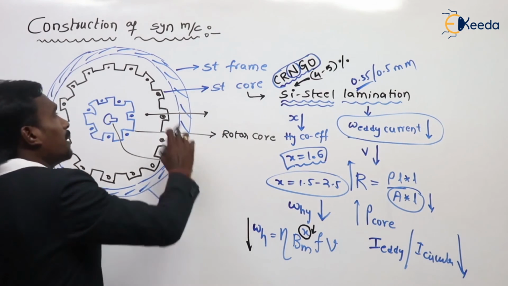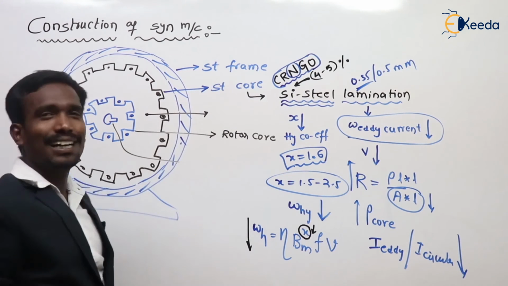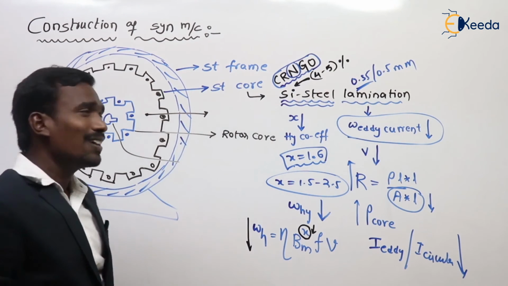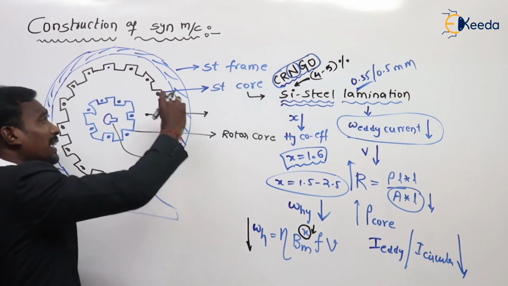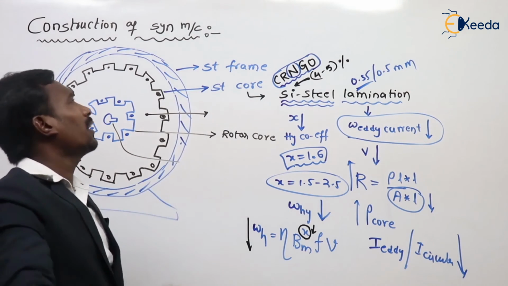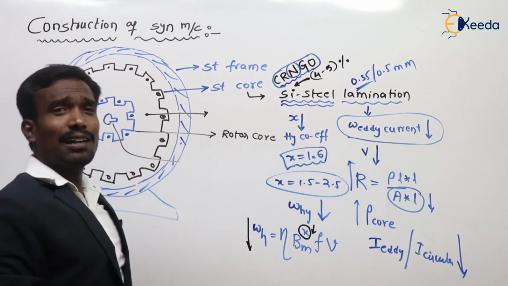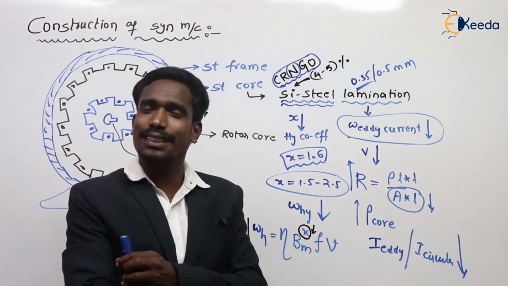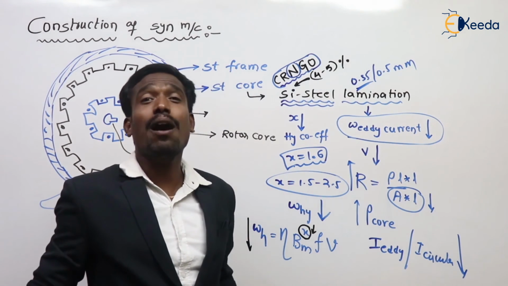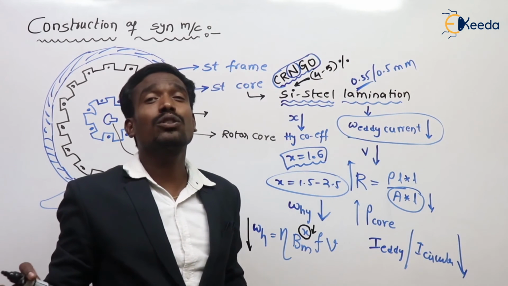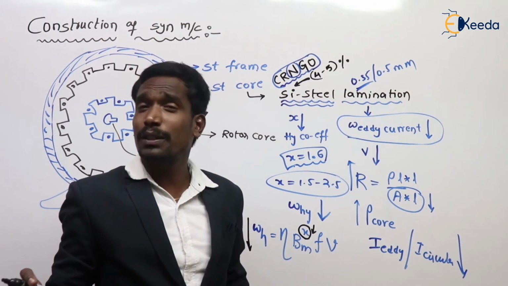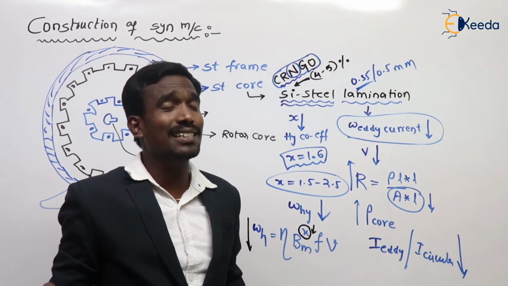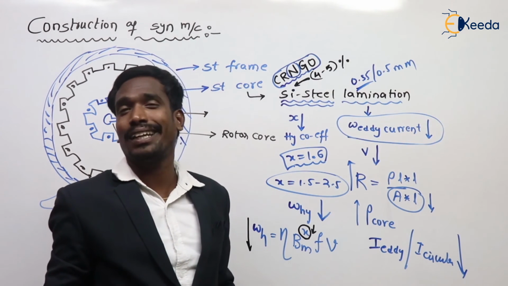Which type of winding are we using here? Which type of winding should you prefer for the stator of a synchronous machine? Don't say armature winding. Of course, it is an armature winding. I asked you which type of winding: short pitch winding or full pitch winding, concentrated winding or distributed winding.